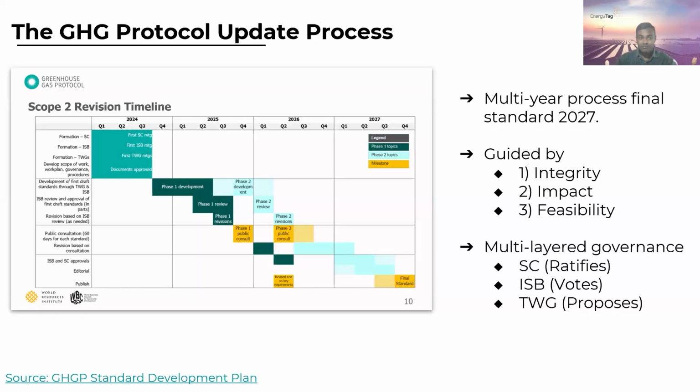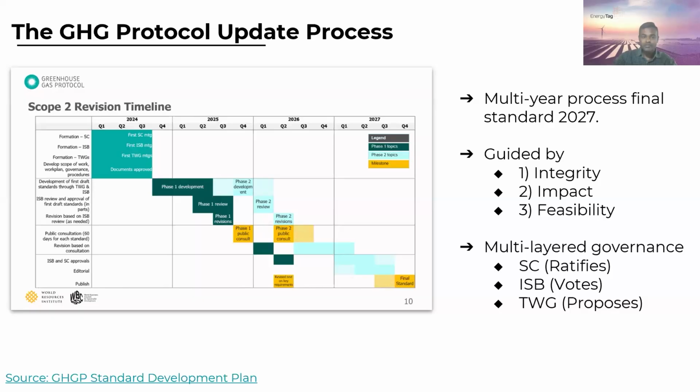These are the three pillars to revise this standard, and it's governed by a multi-layer governance system: a Standards Committee, then you have ISP, and then the Technical Working Group, etc. The Technical Working Group is the group which proposes various changes or updates to the standard. ISP is where the voting happens, and then the Standards Committee basically ratifies the standard.